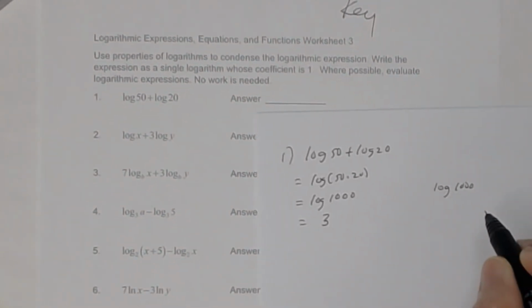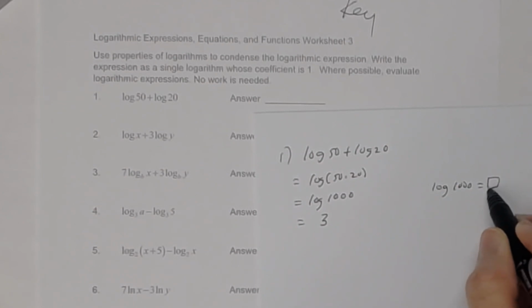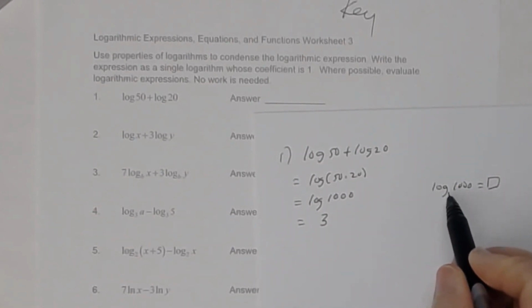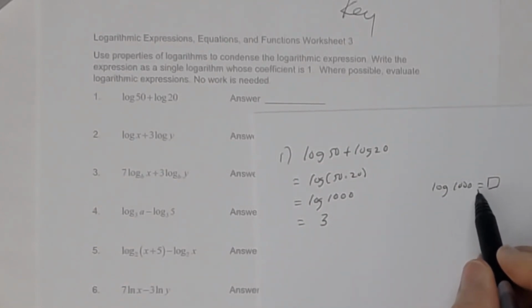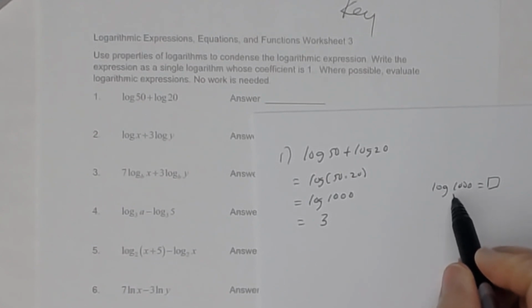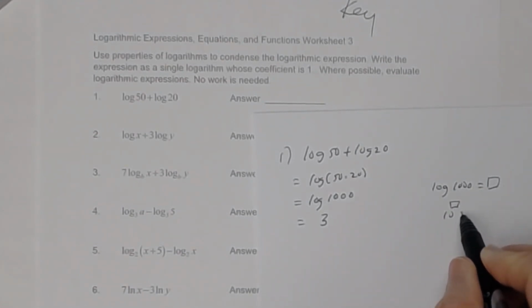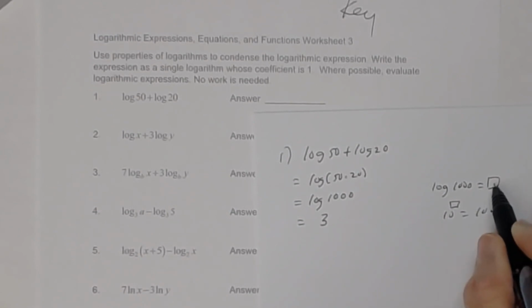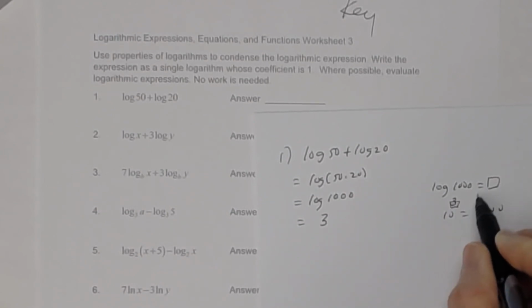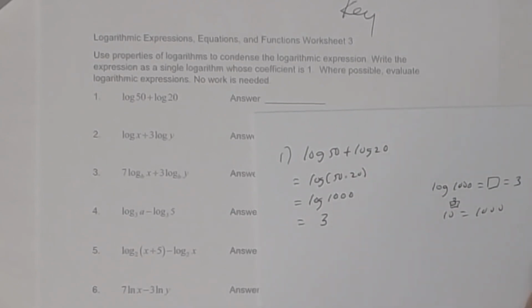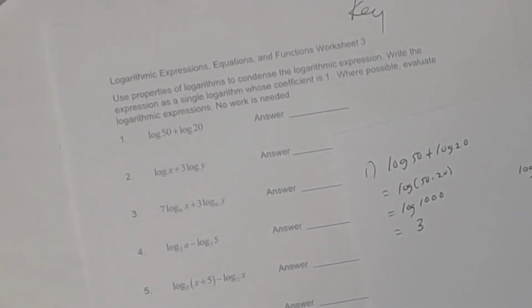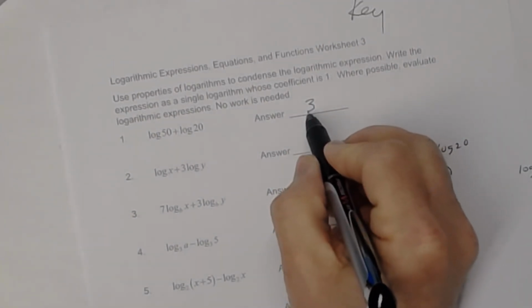Remember how we did this in a previous section: we changed this log equation to an exponential. So 10 to what power is 1,000? The answer is 3, so 3 goes in the exponent. All right, so the answer to number 1 is 3.